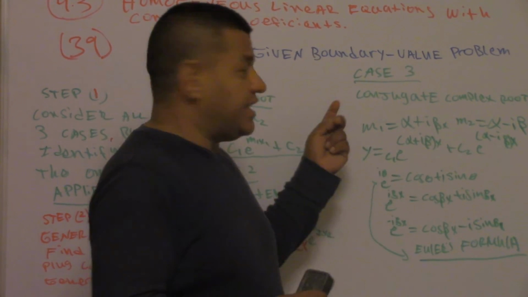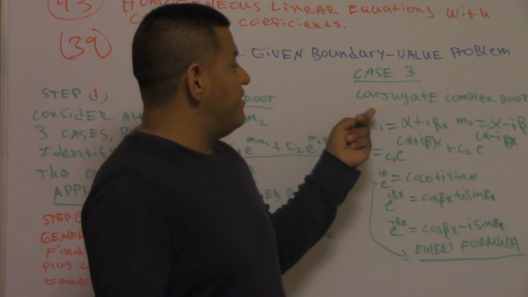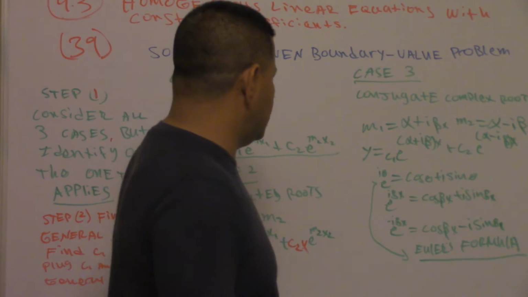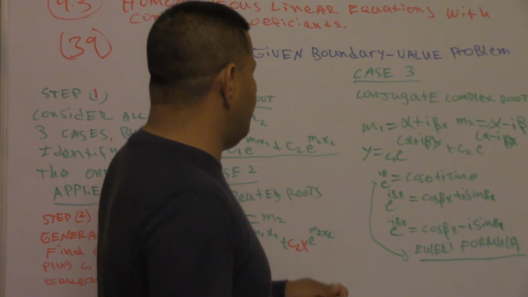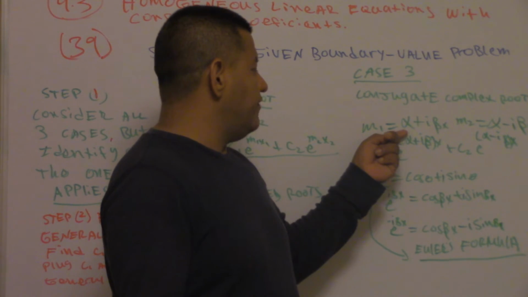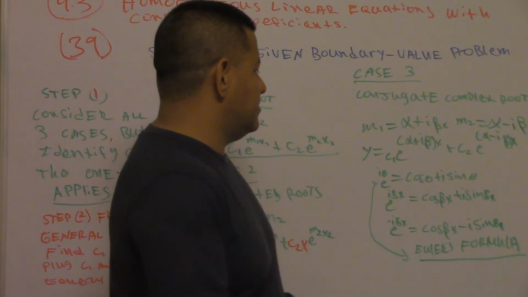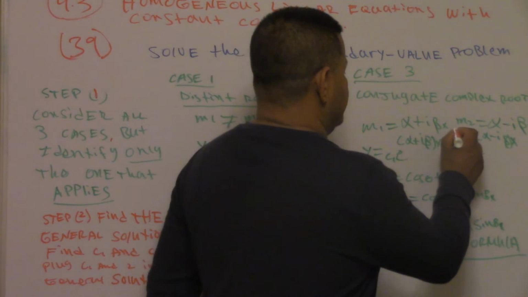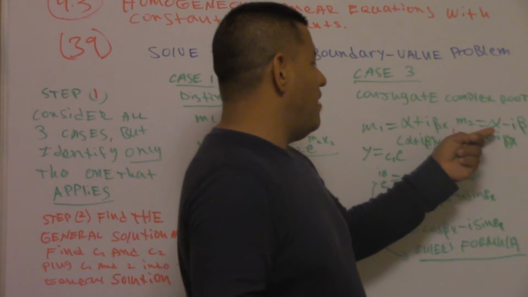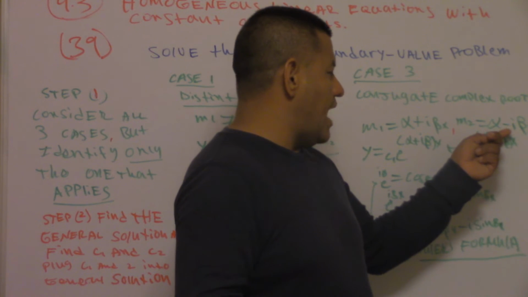Now we have case 3. Case 3 we have conjugate complex roots. Conjugate complex roots mean that m1 is equal to alpha plus i beta, and m2 is equal to alpha minus i beta.